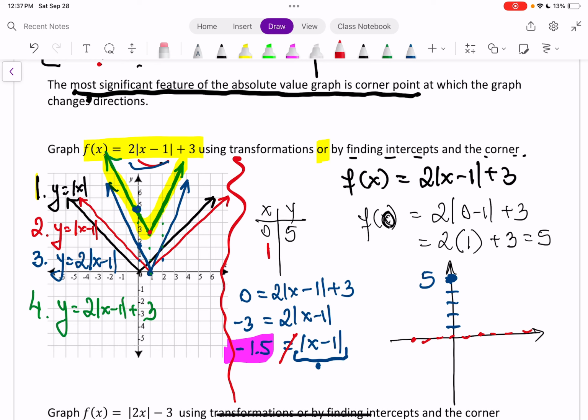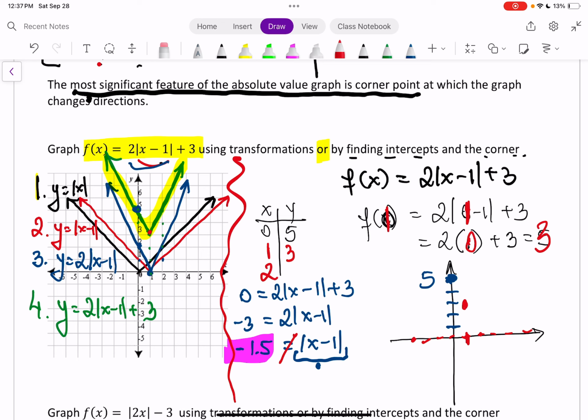So plug in a 1. I don't really have much room left here, but if I plug in a 1, I'm going to get a 0 inside the absolute value. So 2 times 0, 0 plus 3 is going to equal a 3. So I know I have the point with coordinates 1, 3. Okay, well, that's better. I can plug in a 2, and same thing.